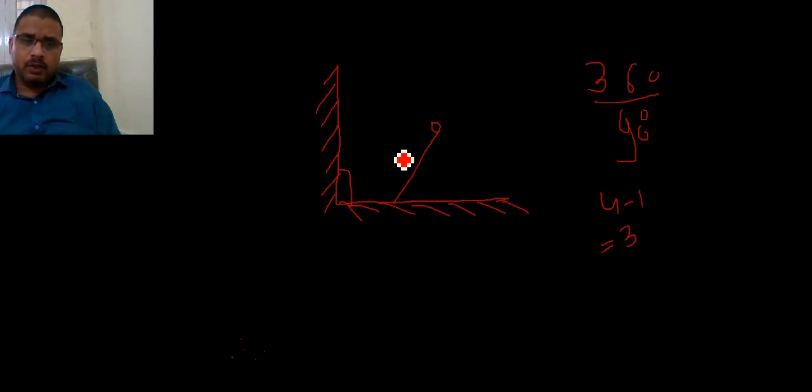Draw a normal line at the striking point. Find the angle between the normal and the incident ray, and draw the same angle on this side. In this way you draw the reflected ray.